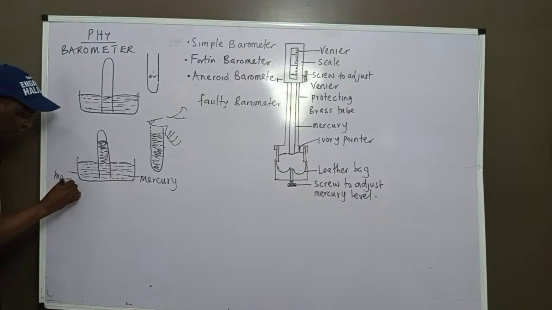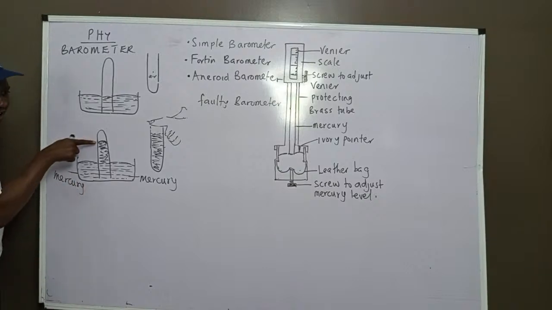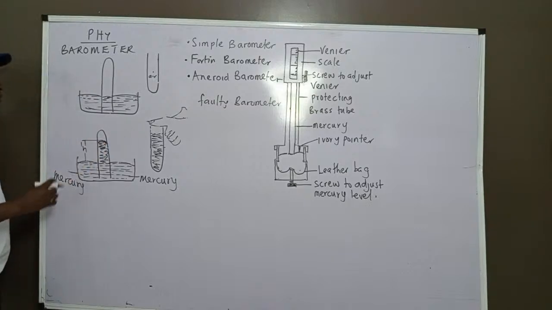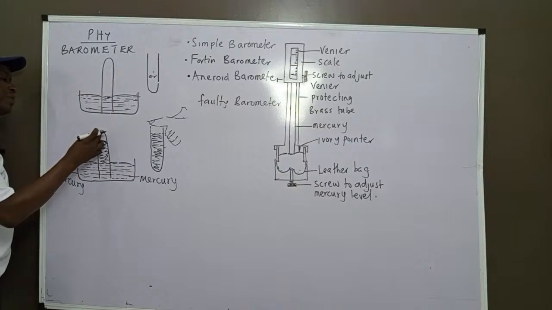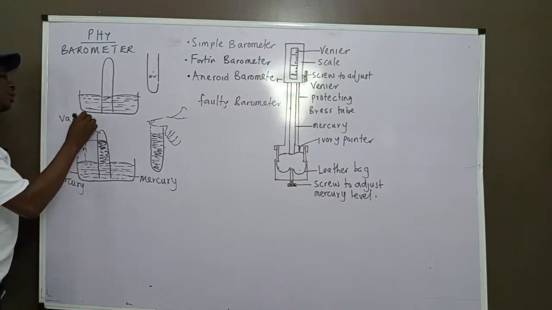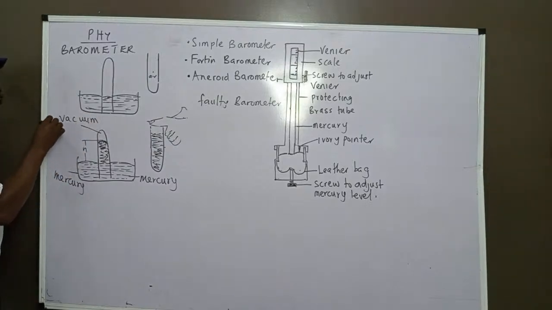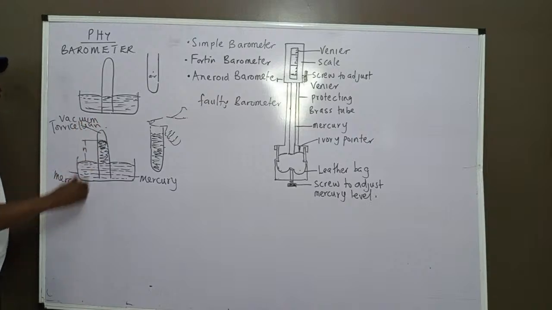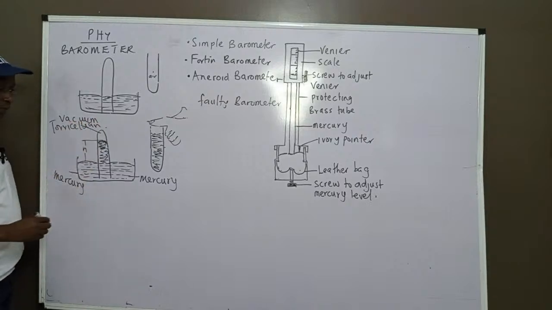As you do that, there will be a fall in the height of the mercury column. A space will be left here, and that space must be a vacuum. We call it the Torricellian vacuum. I cannot go there today.